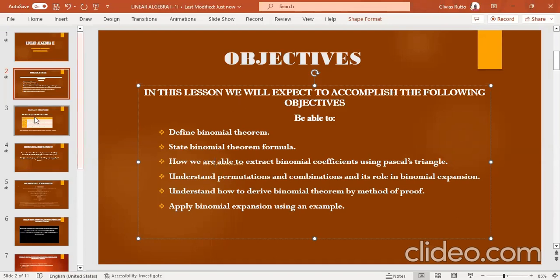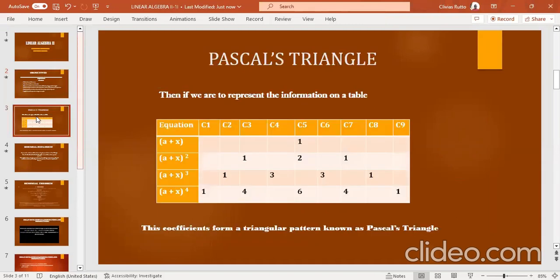So straight away, we're going to look at this table on Pascal's triangle. We are considering an expression A plus X. When we expand, it remains A plus X. X here is the variable, so the coefficient of X is 1 from our cell C5.